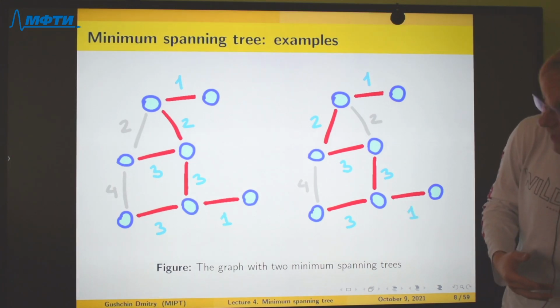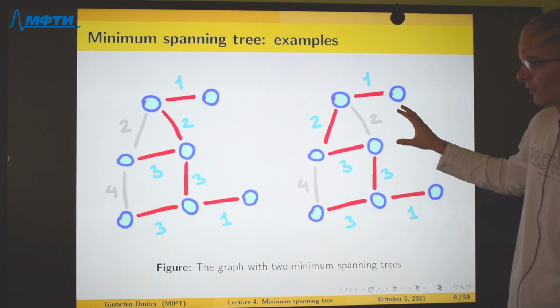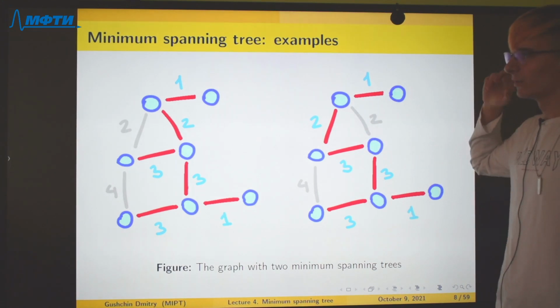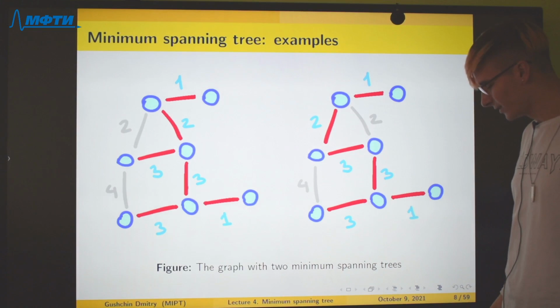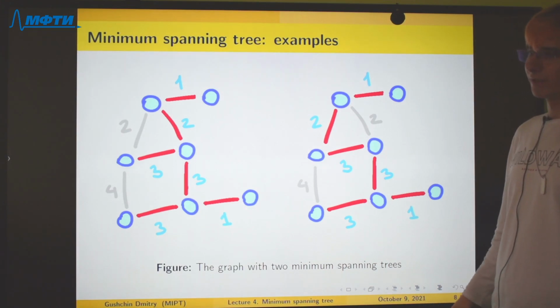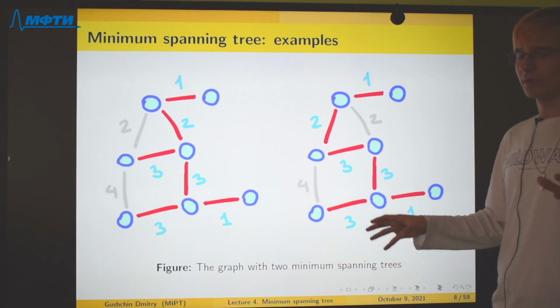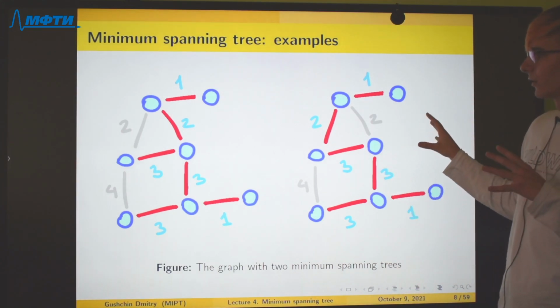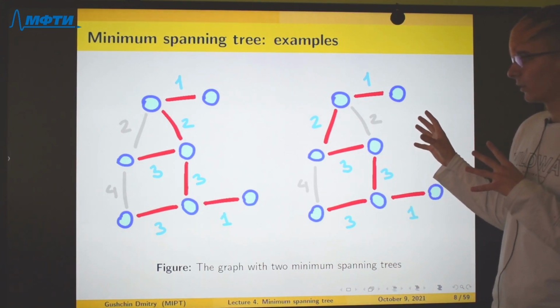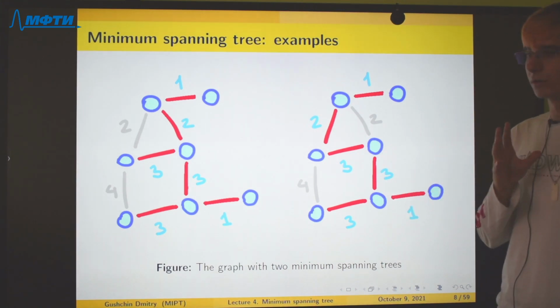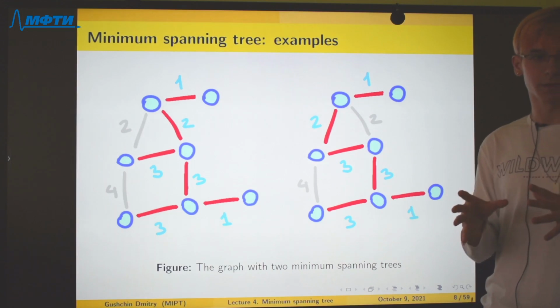And of course, if we have weights that are equal in the graph, it isn't true that we necessarily have different minimal spanning trees. We can have edges with equal weights in the graph, and in this case have only one minimal spanning tree.